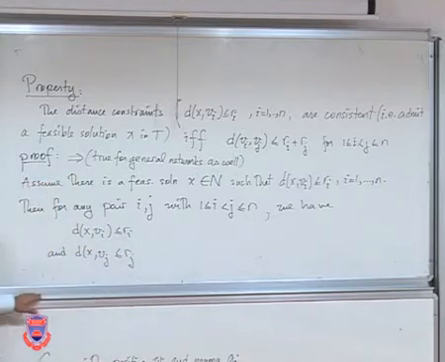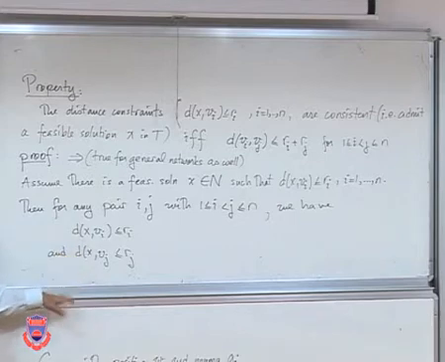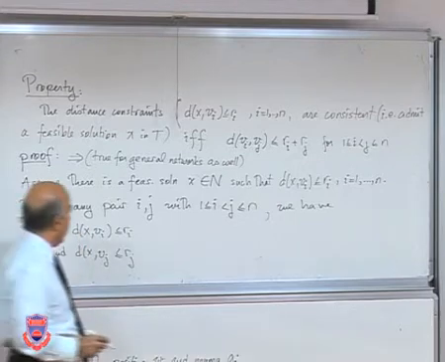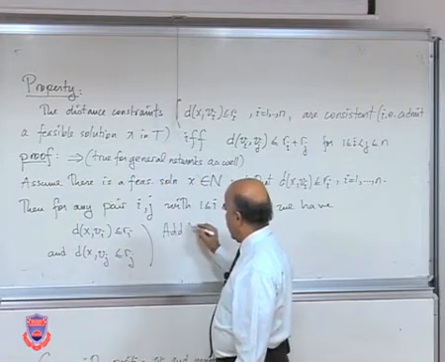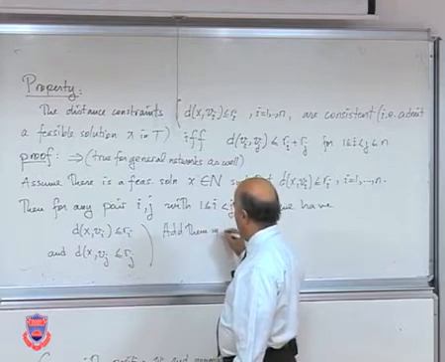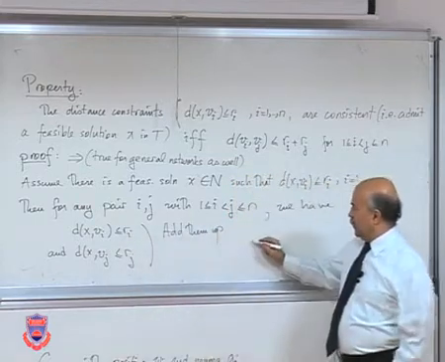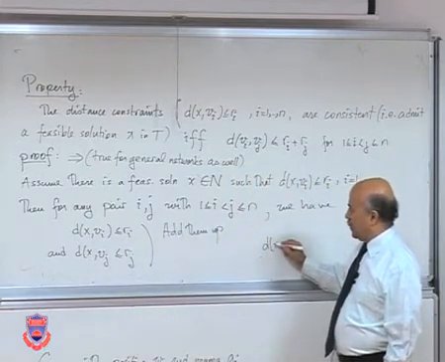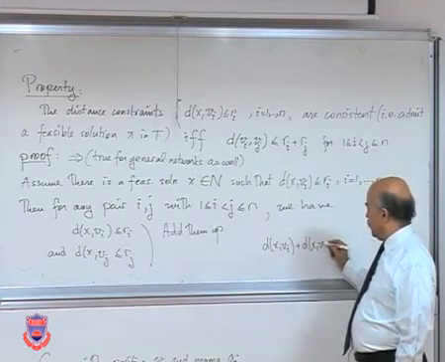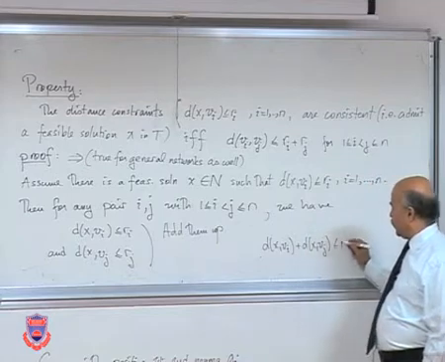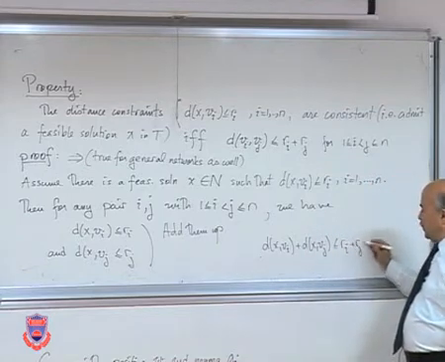So for the particular pair i and j, you have two constraints which both hold at that point x. Okay? When you add them up, what do you get? You get distance xVi plus distance xVj is less than or equal to Ri plus Rj.